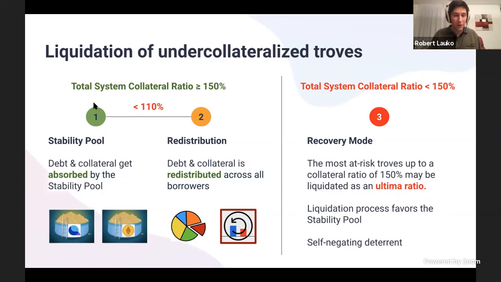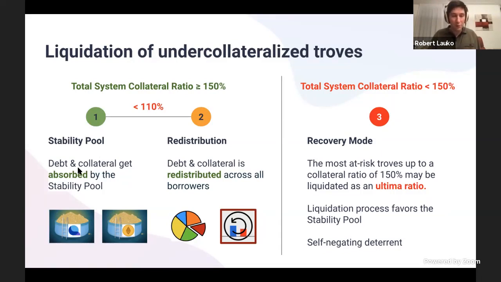And this involves two steps. One is a stability pool, which you can think of as an insurance pool, which is there to absorb every trove that needs to be liquidated. Every trove that falls below this 110% would first be liquidated against the stability pool.